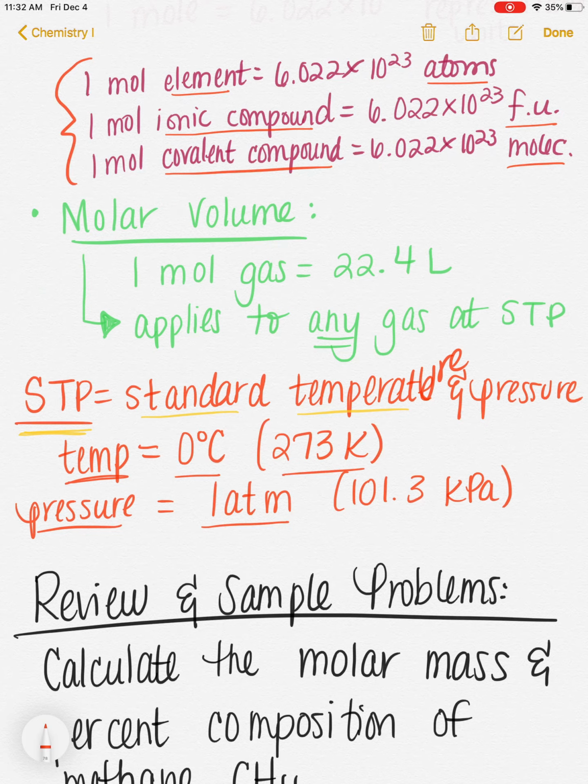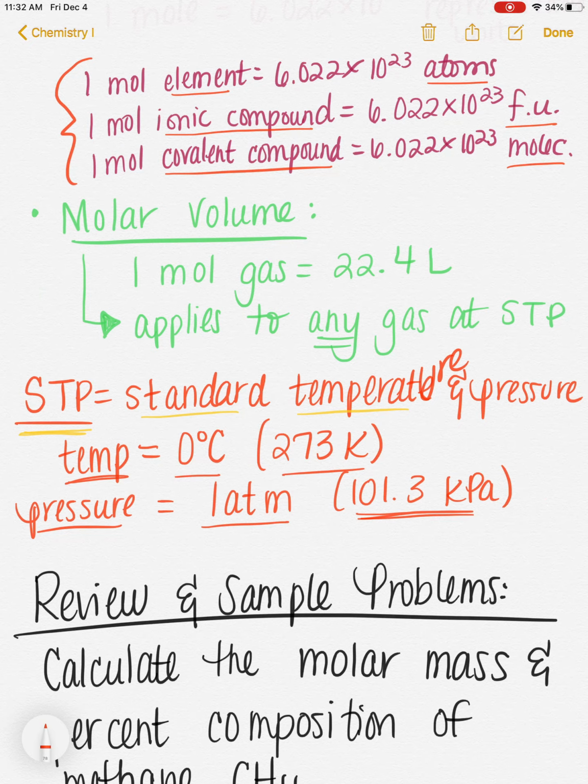Now, pressure isn't something that we have discussed much yet in Chemistry 1, so that's perhaps unfamiliar to you, but atm is the standard unit that we use. So 1 atm, or 1 atmosphere, is standard. 1 atmosphere is the same thing as 101.3 kPa, and kPa stands for kilopascals.